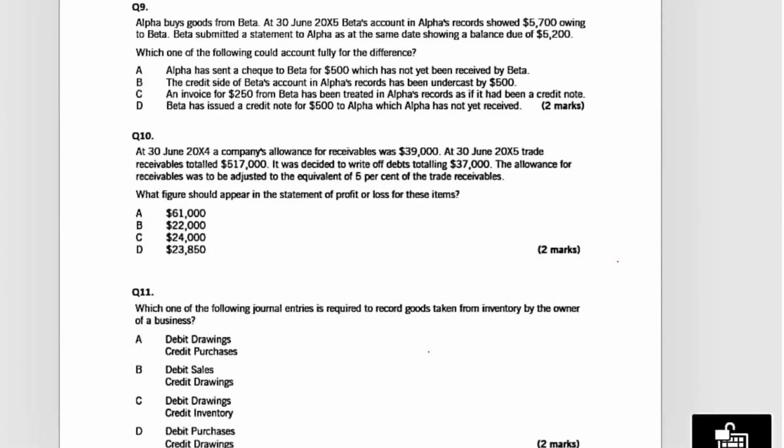Then at 30th of June 2015, trade receivables totaled $517,000 US. It was decided to write off debts totaling $37,000 US. The allowance for receivables was to be adjusted to the equivalent of 5% of the trade receivables. So what figure should appear in the statement of profit or loss for these items?